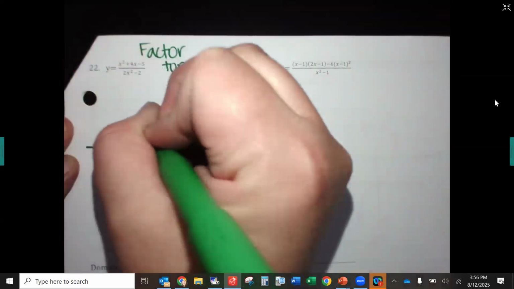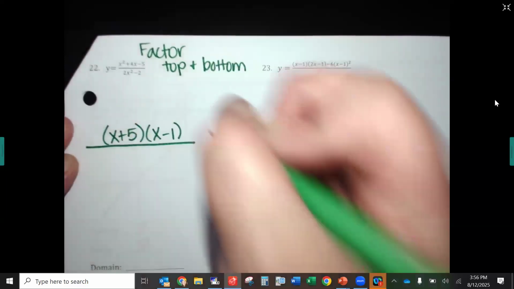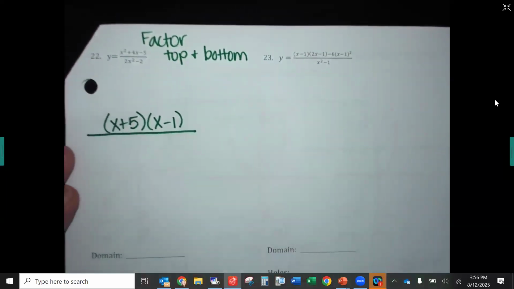All right, for the top, you guys did a stellar job. Okay, it's an X plus 5 and an X minus 1. Okay, for the bottom, you're gonna have to break it down twice. The first thing you're gonna do is a GCF. What do they both have? What number? 2.